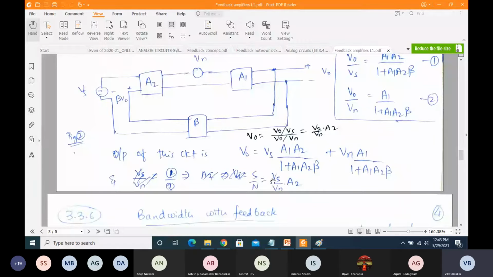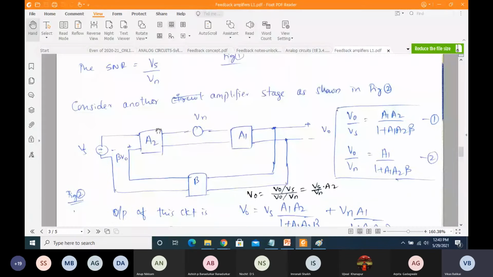But how can I ensure the signal to noise ratio is retained high? I can do that by making A2 greater. So this is how I can make sure the signal to noise ratio is of higher value, by arranging two amplifier stages in the feedback manner.